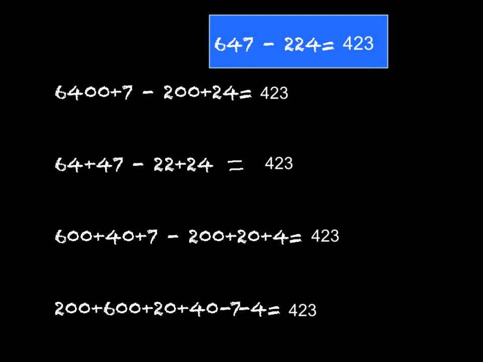That's a match. And here we have the minus, and here we have the minus. And this time we've got 200 plus 20 plus 4. Let's see if we've got a match. 200 plus 20 plus 4. So the third answer is my correct option.